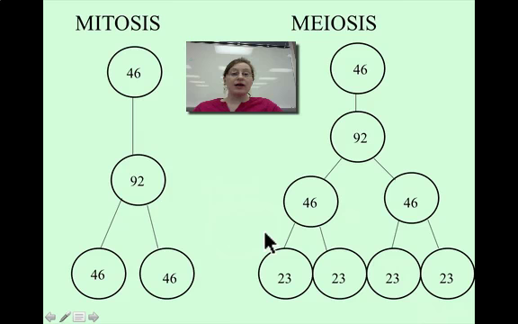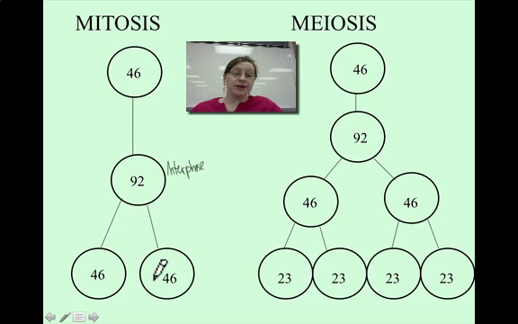Here's a little schematic to help you compare mitosis versus meiosis, specifically talking about a human cell. We start with 46. Then during the S phase of interphase, we double it to 92.